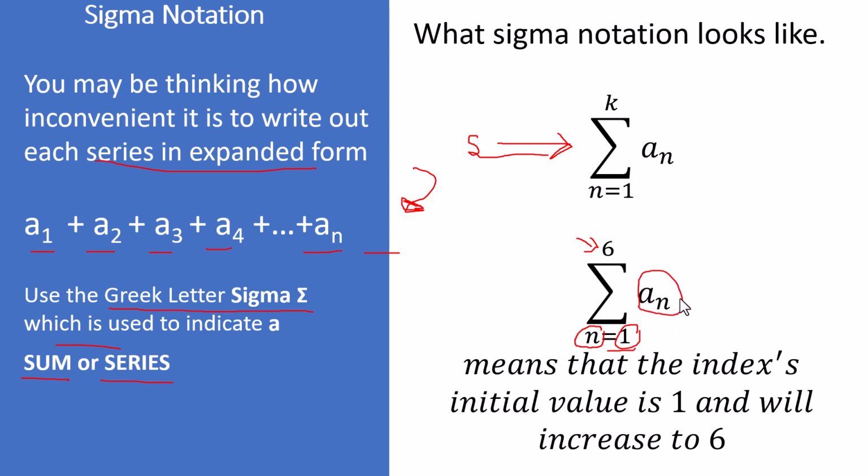In this case, we just have 1, 2, 3, 4, 5, and 6. And then now we're going to add those together. So this would be 6 plus 4 is 10, plus 5 is 15, 16, 17, 18, 19, 20, 21.